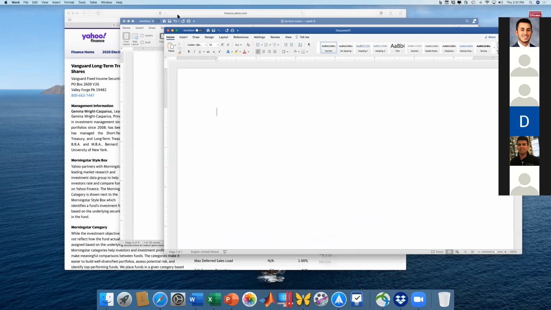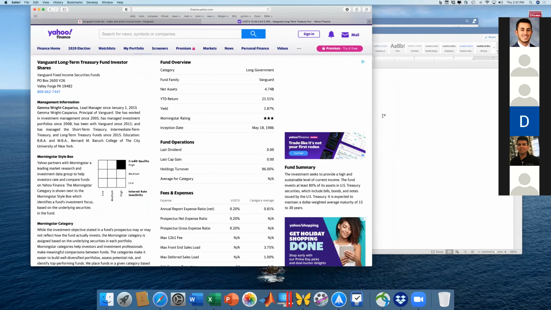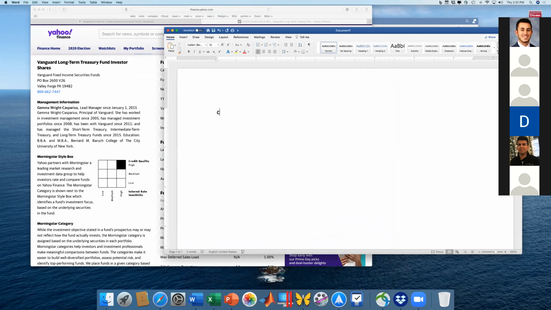As I am looking at this box, credit quality, here's what I expect. Higher credit quality bonds have lower yields. The higher the credit quality, the lower the yield. And that relates to default risk.